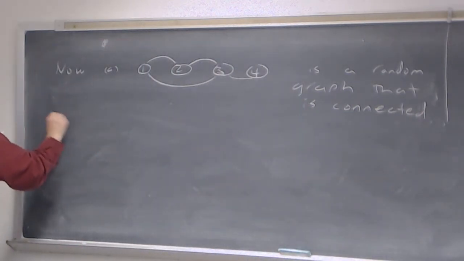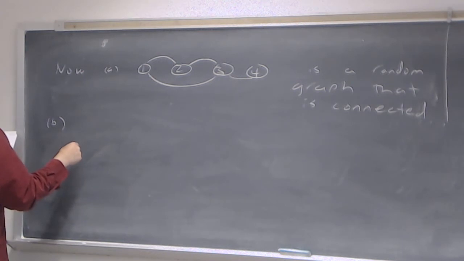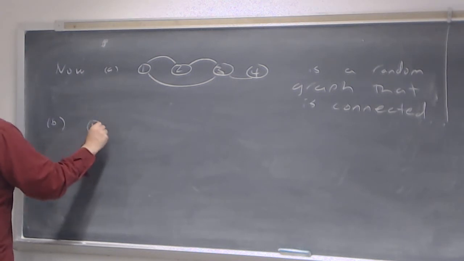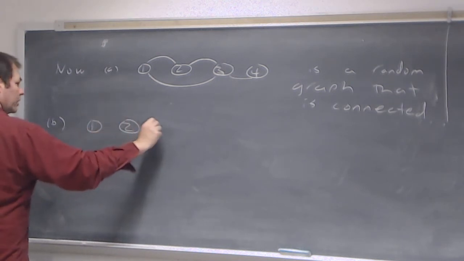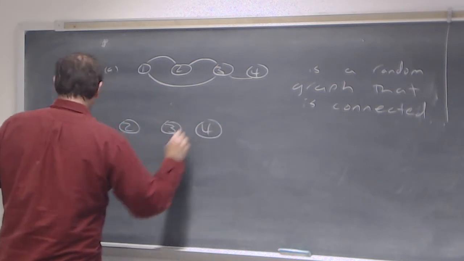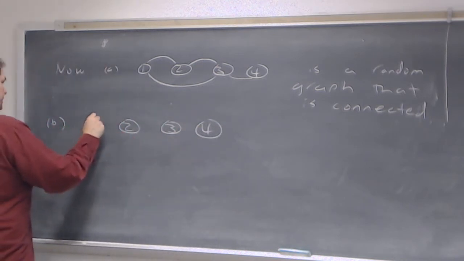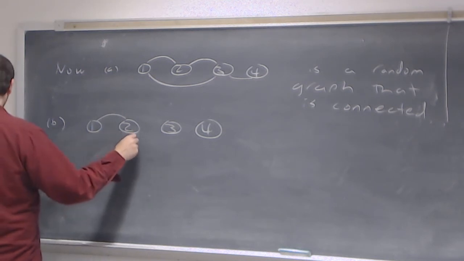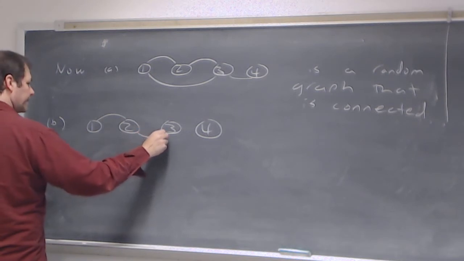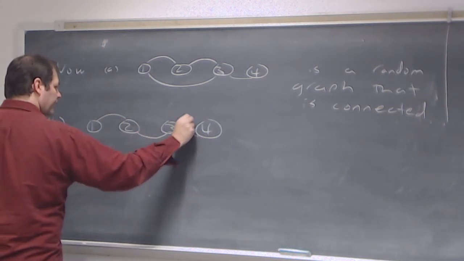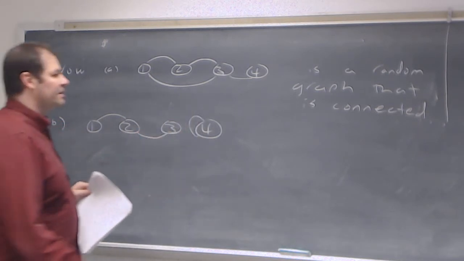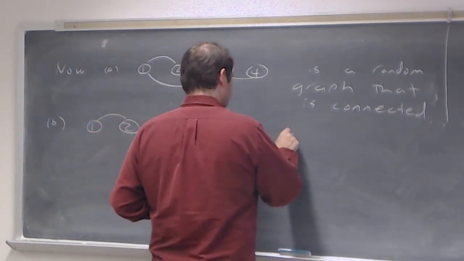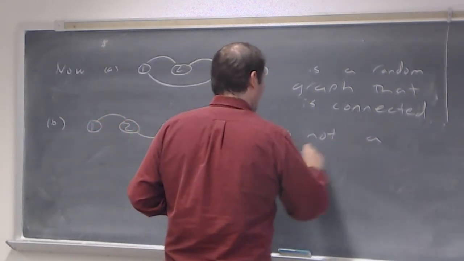B. If I have 1, 2, 3, and 4 as the nodes again, and let's say 1 goes to 2, 2 goes to 3, and 4 goes to itself, this is not a random graph.